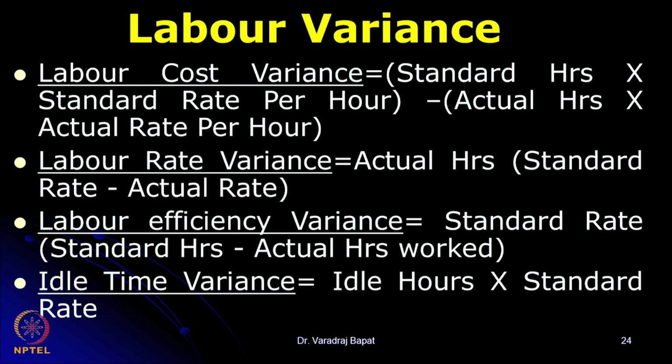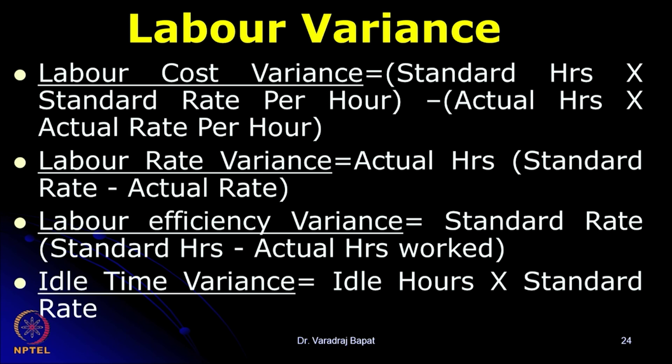Getting it? Now the efficiency variance is a comparison with number of hours consumed. So labor efficiency variance is standard rate into standard hours minus actual hours. There can be a third variance, that is known as idle time variance.